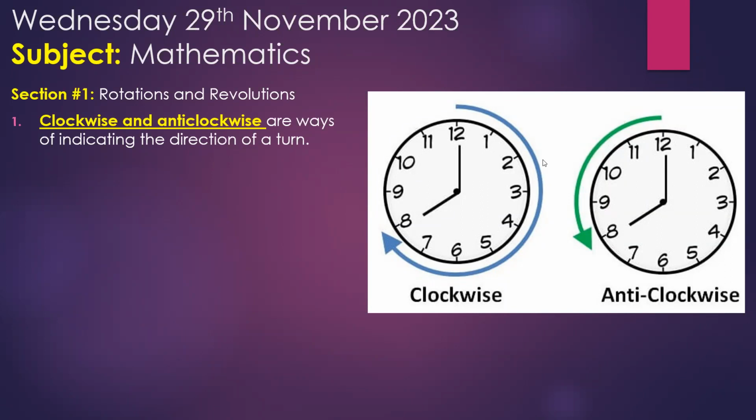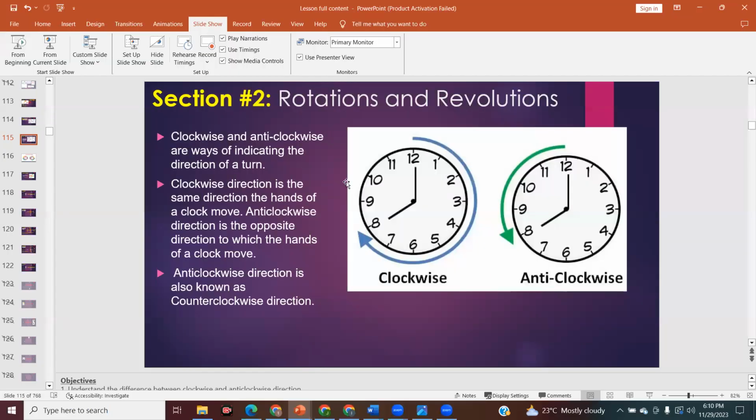So the hands of a clock are our reference. Clockwise is moving in the direction of the hands of a clock, and anti-clockwise is going opposite to the direction of the hands of a clock. So that's what we mean when we say clockwise and anti-clockwise.